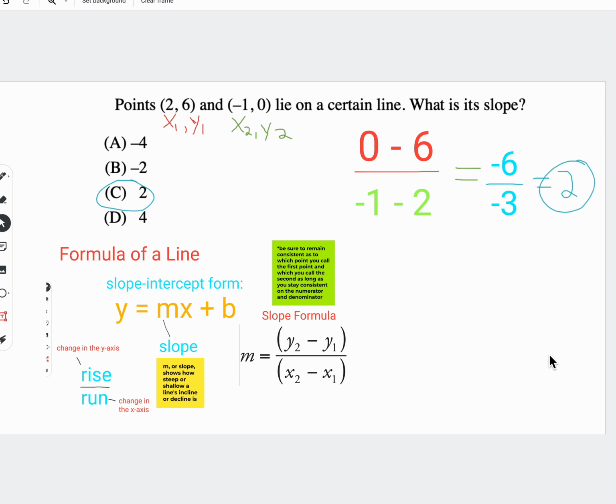The other important component to slope-intercept form is the y-intercept. This will be the y value when x is 0.